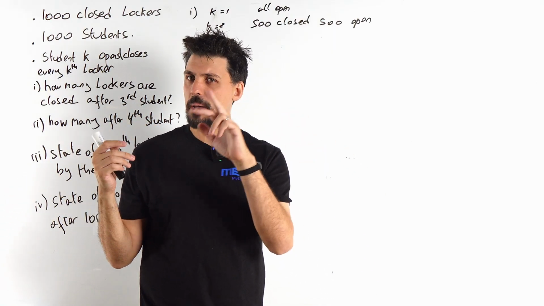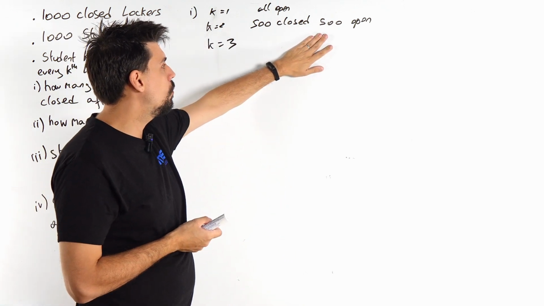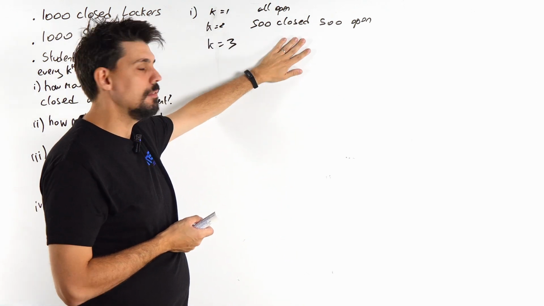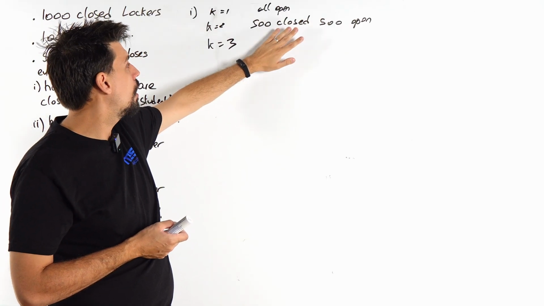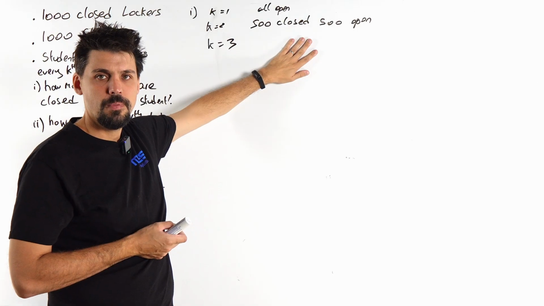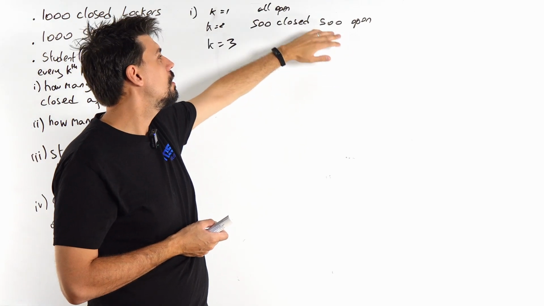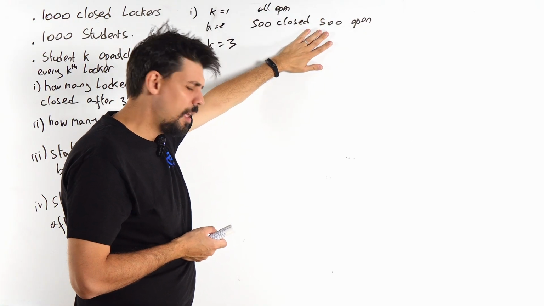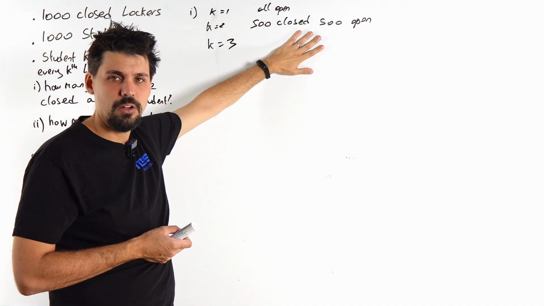But we then have to think about which multiples of 3 are even. Because all the even multiples of 3 will go from closed to open, and all the odd multiples of 3 will go from open to closed. And then we've got to be quite careful, and we've got a new state to keep track of.